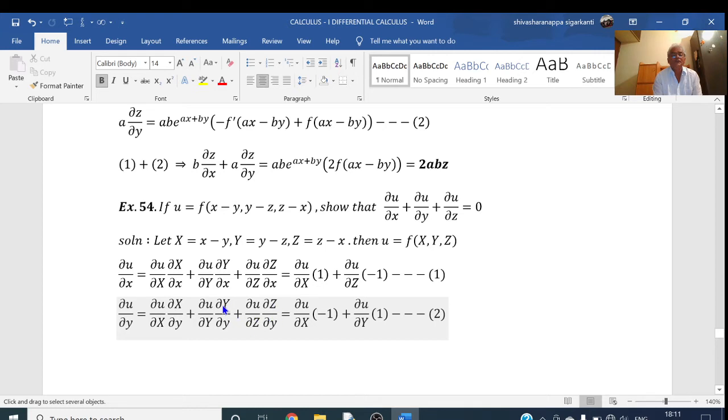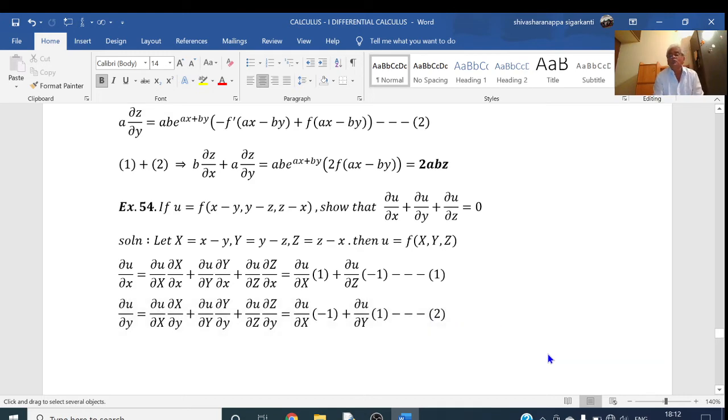So these are capital Z, capital Y, capital X. This is equal to ∂u/∂X into, what is ∂X/∂y? ∂X/∂y is minus 1, plus ∂u/∂Y into ∂Y/∂y. ∂Y/∂y is 1, plus ∂u/∂Z into ∂Z/∂y. So Z is a function of only x and z. Therefore, ∂Z/∂y equal to 0. So I am getting this. Let me take this as equation 2.